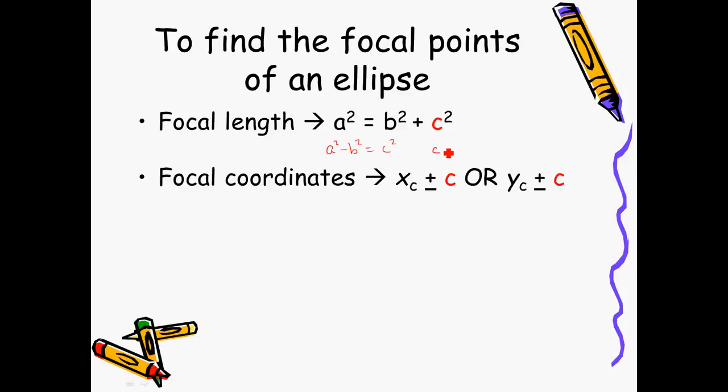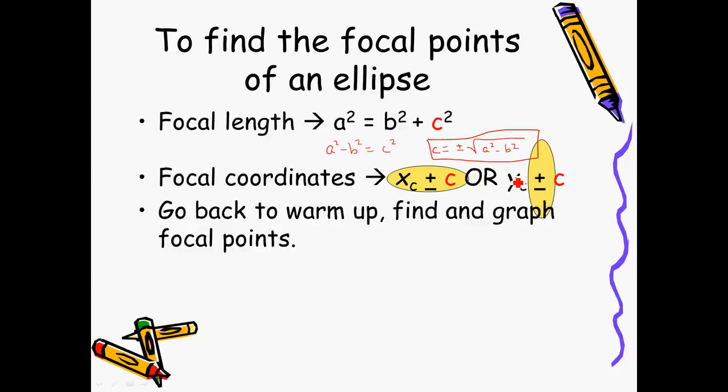You take the square root of both sides. To find the focal coordinates, I take the x-coordinate of the center and add C to it, and subtract C from it, if I have an ellipse that is oriented horizontally, or I take the focal length and add and subtract it to the y-coordinate of the center if I have an ellipse that is oriented vertically.